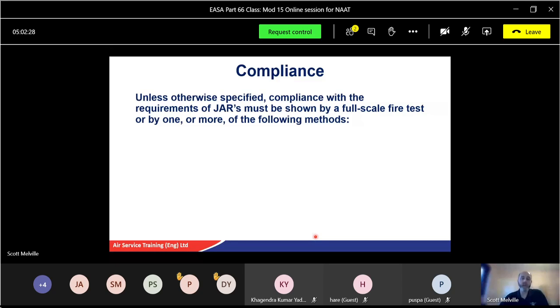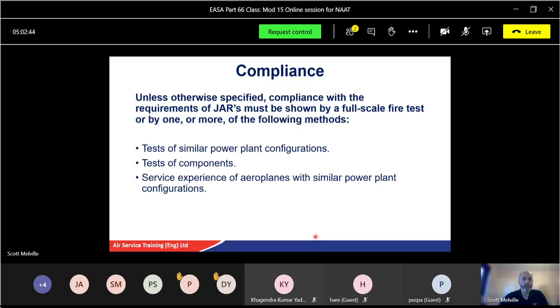Unless otherwise specified, compliance with the requirements of the Joint Air Regulations must be shown by a full-scale fire test or by one or more of the following methods: tests of similar power plant configurations, tests of components, service experience of airplanes with similar power plant configurations, and analysis. Okay.